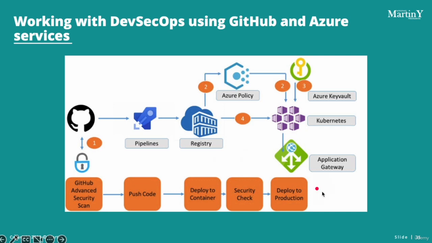And finally, when we reach our production stage, the scanned containers are pushed to the Kubernetes cluster using the Azure Kubernetes Service. Azure Policies are used to validate the compliance of the provisioned clusters and containers.